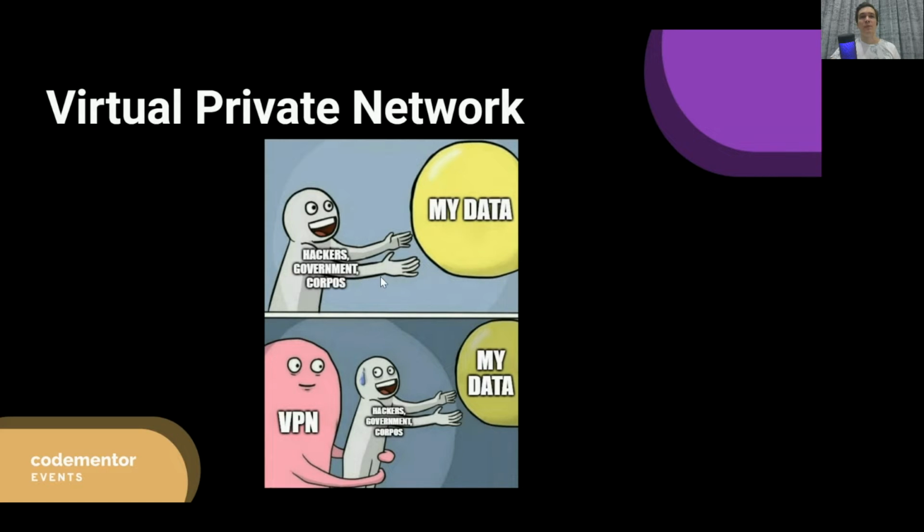They want a bite of your data in order to spy on you, to give you advertisements for products or something. So in general, even if you're not familiar with VPN, you usually know that VPN is about data protection and privacy protection.